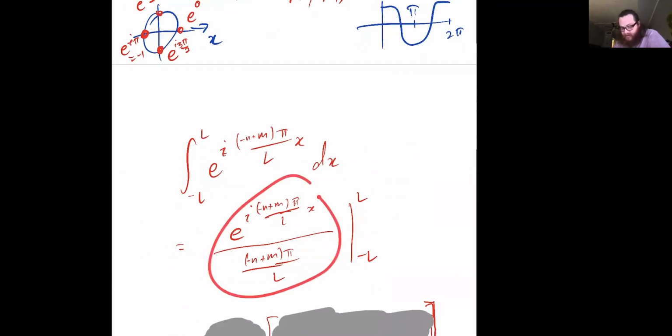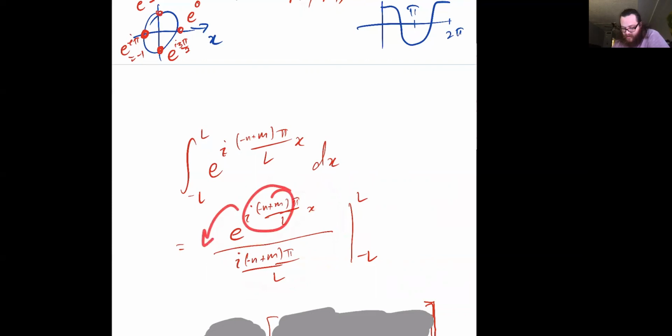And you can double check that this is correct, because if you take the derivative of this, this is not quite correct because this is missing an i. But if you take the derivative of this thing, the constant is going to come down and cancel with that, and you're left with the integrand. But anyways, so integrate this, we end up with this, evaluate it at the bounds.